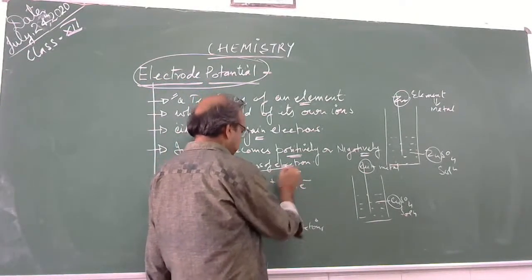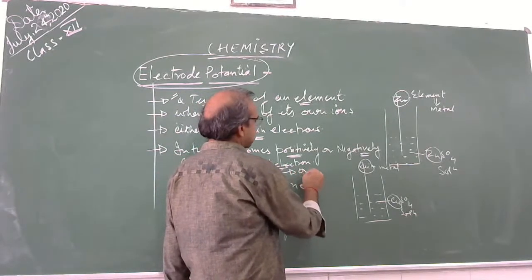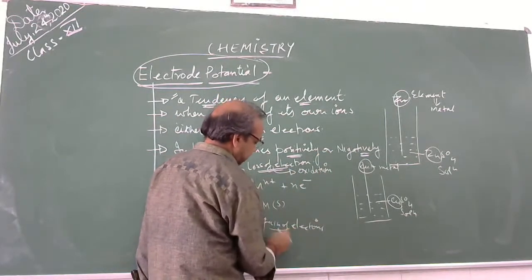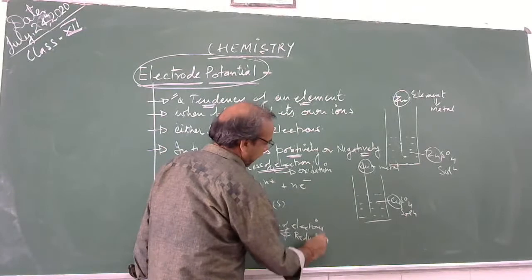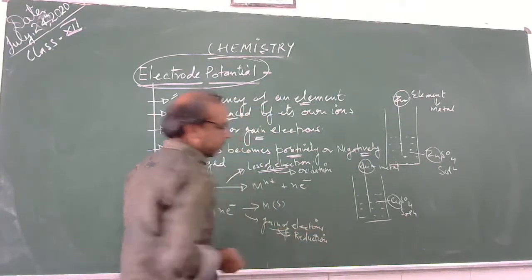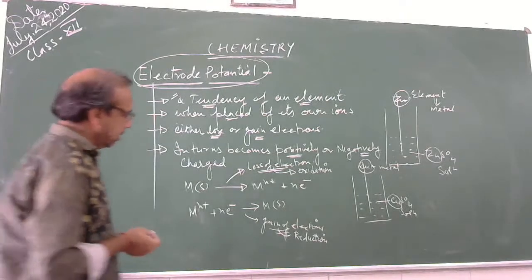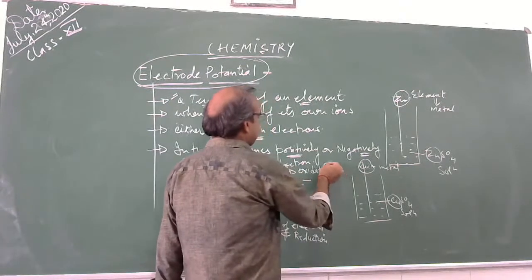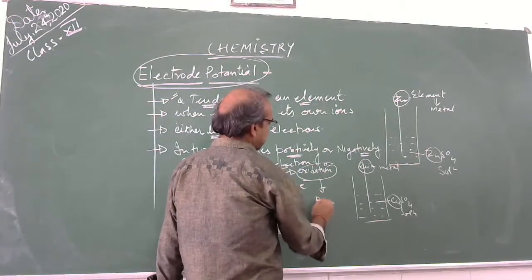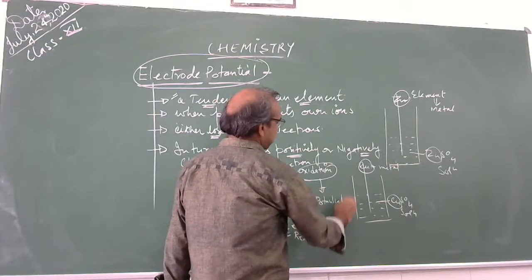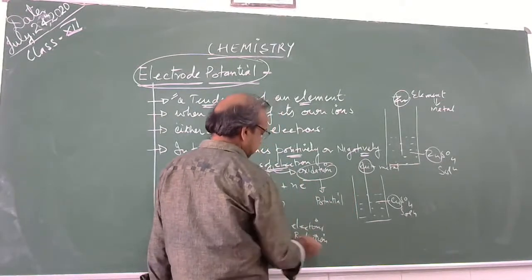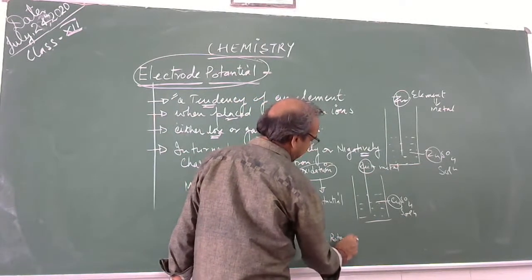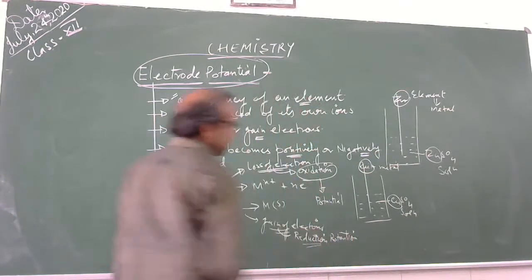When there is a loss of electrons, it is called oxidation. And when there is a gain of electrons, that is called reduction. So the potential for loss is called oxidation potential, and the potential for gain is called reduction potential.